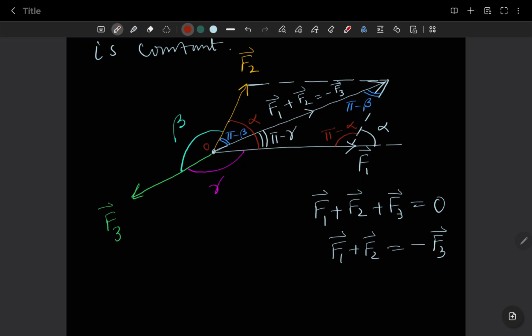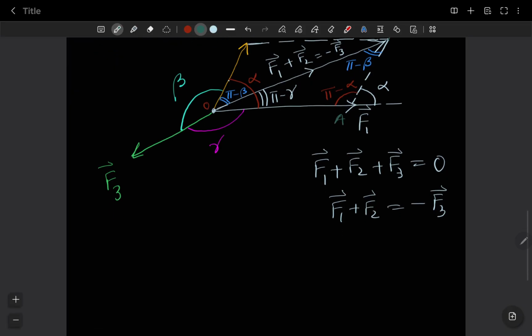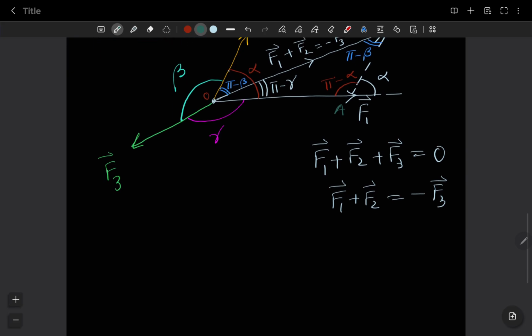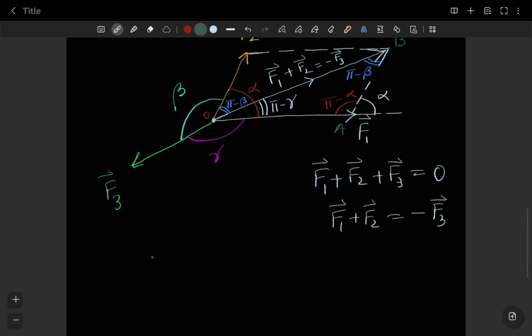Let us give the names of these points O, A, B. From triangle OAB, what can we say?